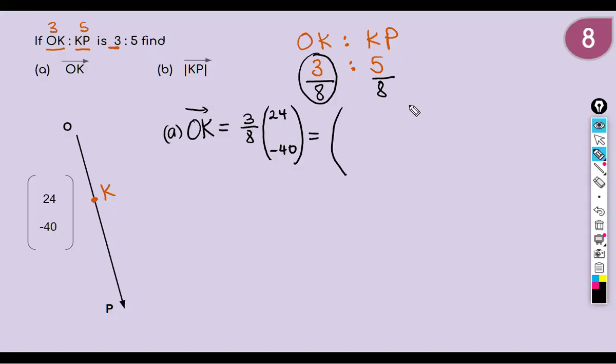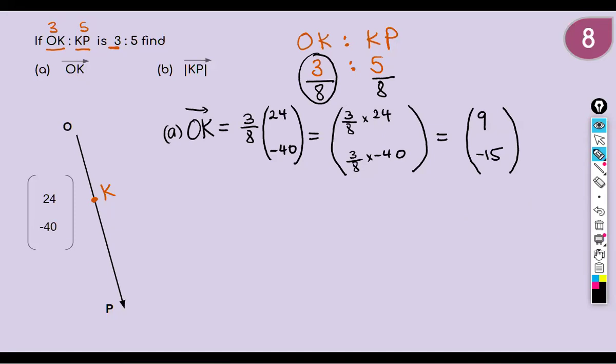So I'll do it in slow motion here. You just have to take the 3 eighths and multiply by 24. So say 3 by 24 and divide it by 8. And then find 3 eighths of minus 40. Multiply minus 40 by 3 and divide it by 8. This is just for those who can't find the fractions button on the calculator. 3 eighths of 24 is 9, and 3 eighths of minus 40 is minus 15.